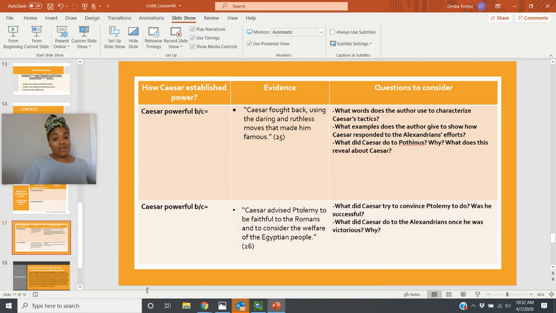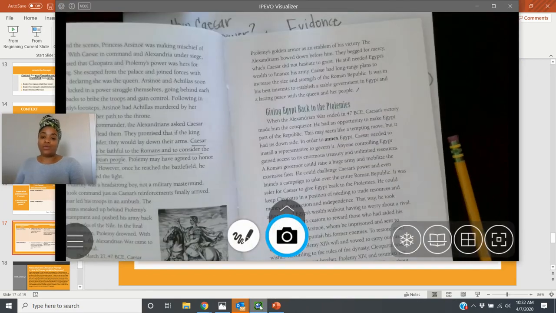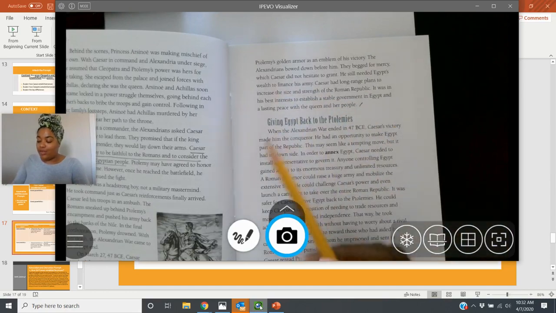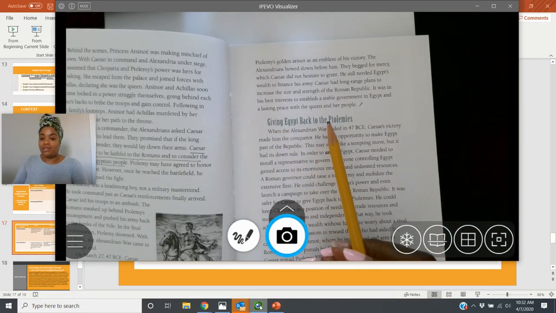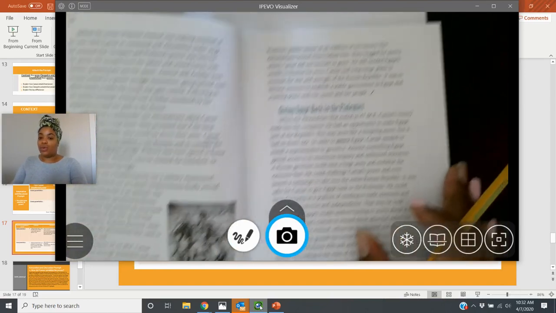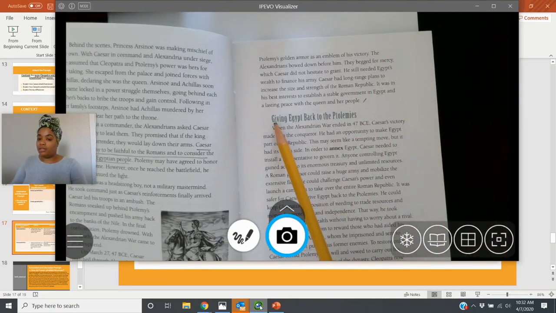So scholars, we are now turning our page. We're still looking for ways that Caesar is powerful. I want us to read all of page 26, and we're stopping at the very first paragraph on page 27, right before you get to giving Egypt back to the Ptolemies.